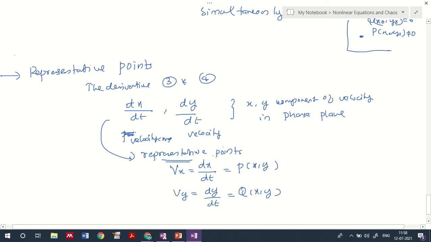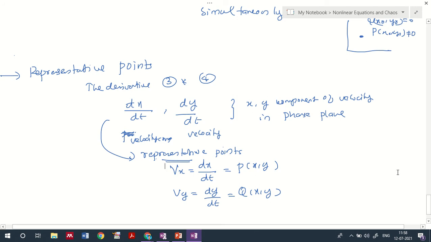So this is a general representation of motion in a nonlinear system. How do we describe motion in a nonlinear system? We have just described it with a few examples and terms: phase plane, phase trajectory, parametric equation of trajectory, singular point, ordinary point, and at last representative points, that is the xy components of velocity in a phase plane representation.